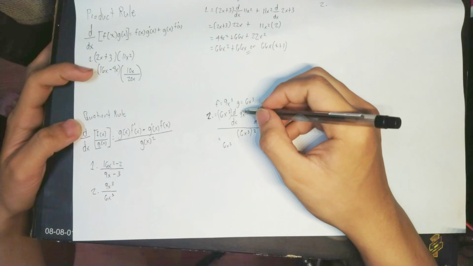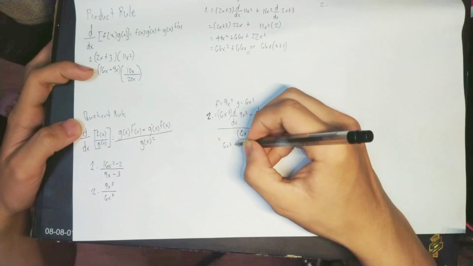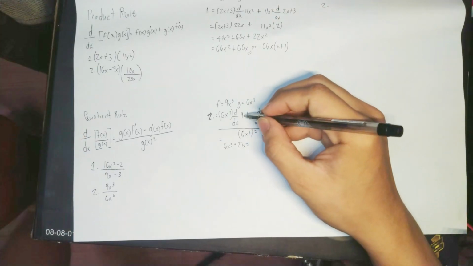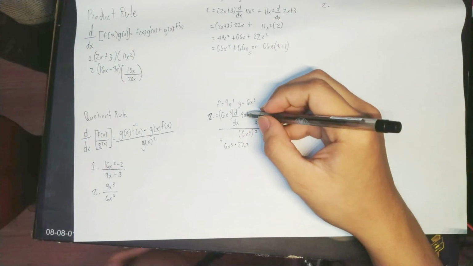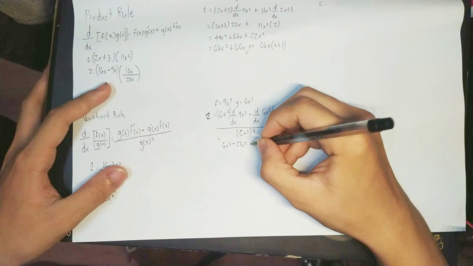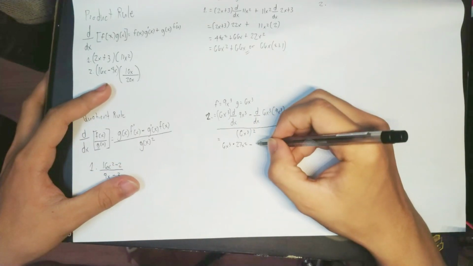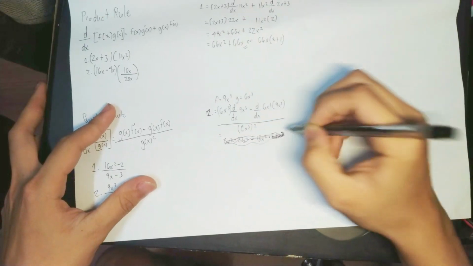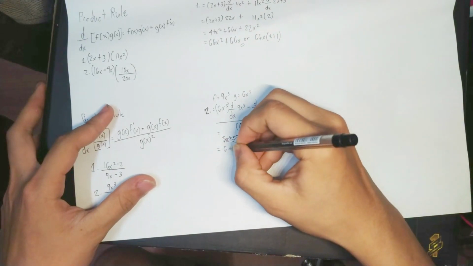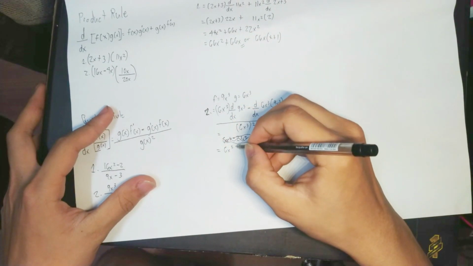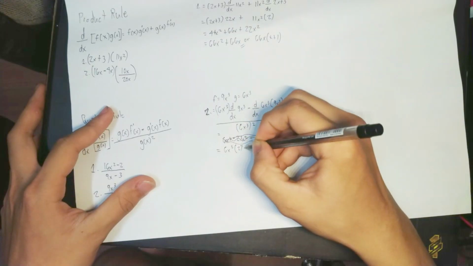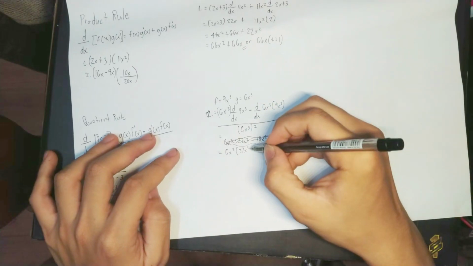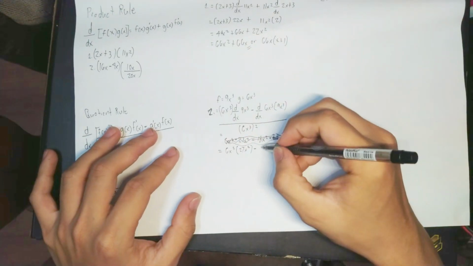Now you just get the derivative of 9x cubed, which is 27x squared, and then bring down 6x cubed. For the ones that are not needed to be derived, you could also just derive it and then multiply it. You can just skip this stage, but it's kind of tricky sometimes.